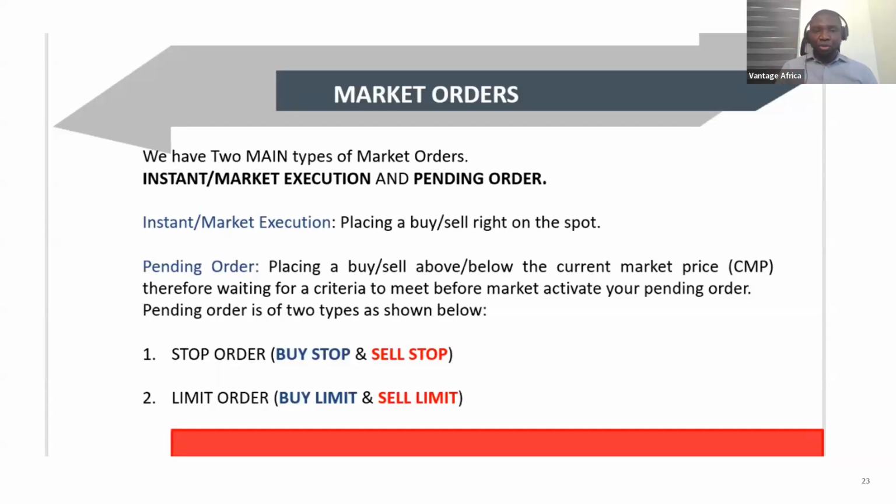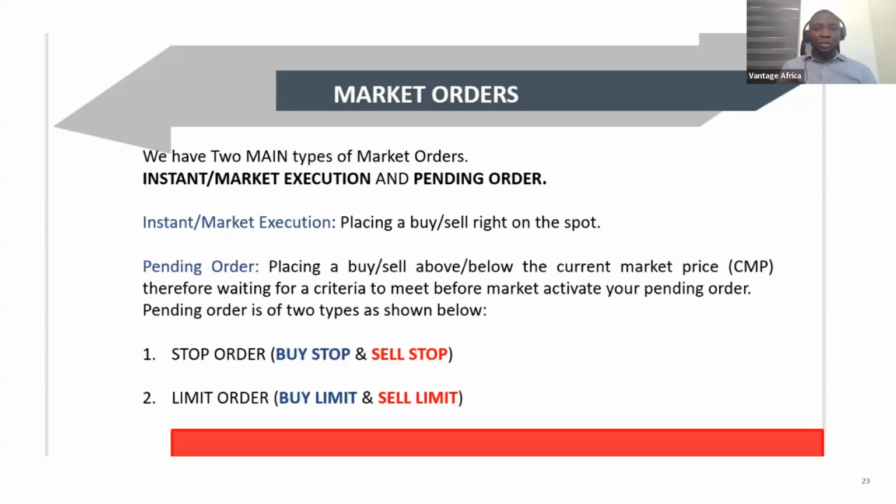So if you're on a stop order and you're saying you want a buy stop, that means the idea here is I want to place a buy trade, but I'm using a pending order called a stop order. If you're looking to take a sell stop, you want to place a sell trade, but you are using a pending order called a stop order.